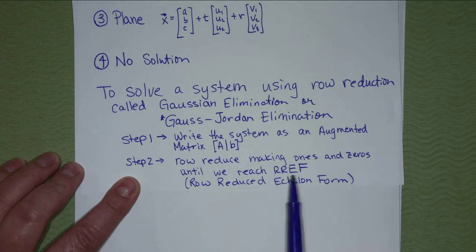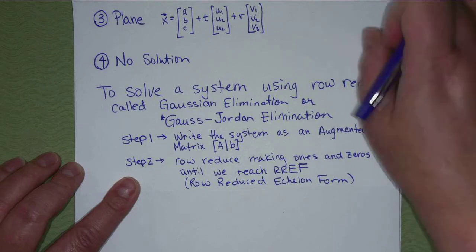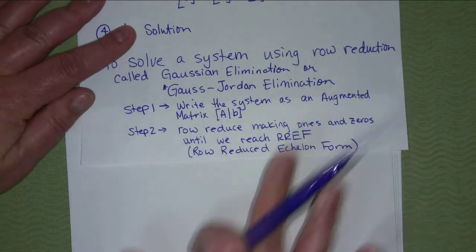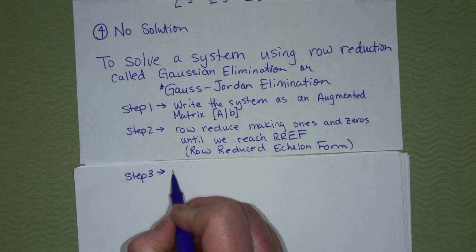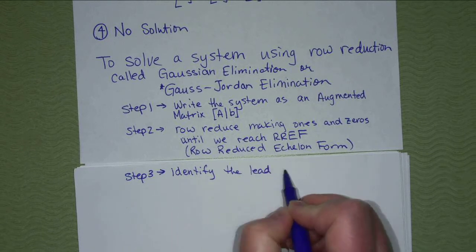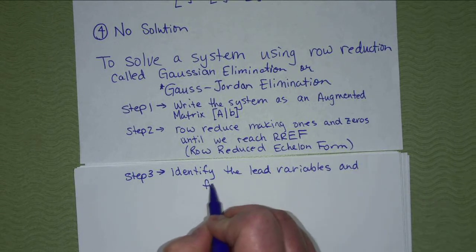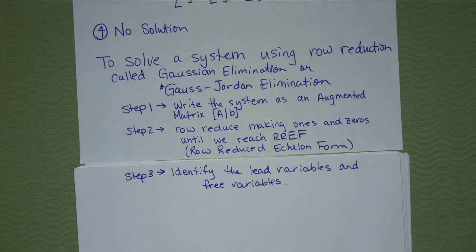Now, of course, you don't know what that is right now, so I'm going to show you the individual parts before we actually do one. So I'm going to show you what that is next. So, step 3 is to identify the lead variables and free variables. I'll show you how to do that. And then step 4 is to write the solution.